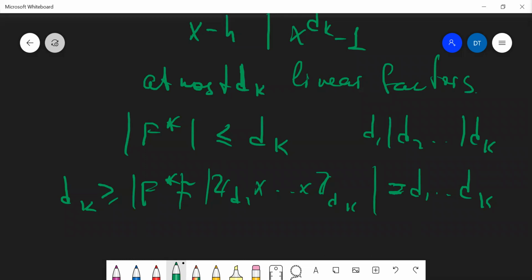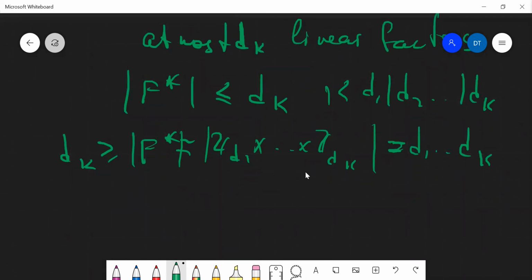So the only option for this is when d1 must be, and d1 is greater than 1. So the only option here is that you have only one factor here in this expression, because if you have at least two factors here, this product will be strictly larger than dk.